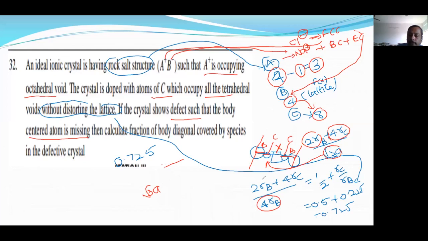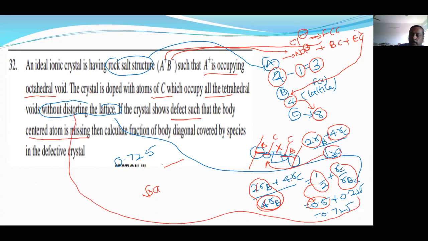So if I divide this, see here, 2 RB by 4 RB, 2 by 2 will get cancelled, 1 by 2, plus 4 RC by 4 RB, so RC by RB. So this will be RC by RB. 1 by 2 is 0.5. See here, RC by RB. There is one word here that plays a vital role and provokes me to take 0.225.